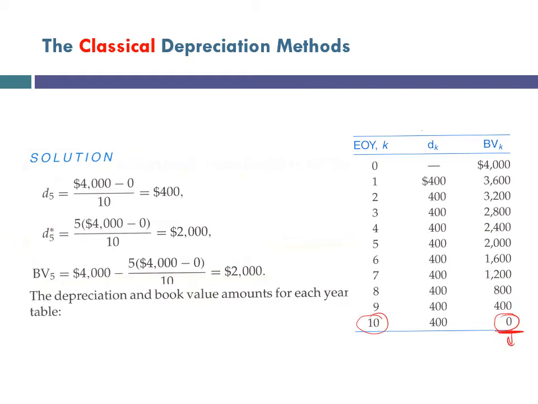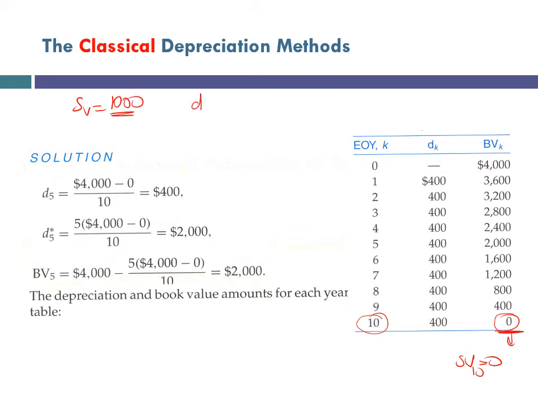Why is this 0? Because the salvage value was given as 0. If the salvage value was not 0, so let's assume that for the same example, the salvage value is not 0, but let's say it is 1,000. Then what do we do?